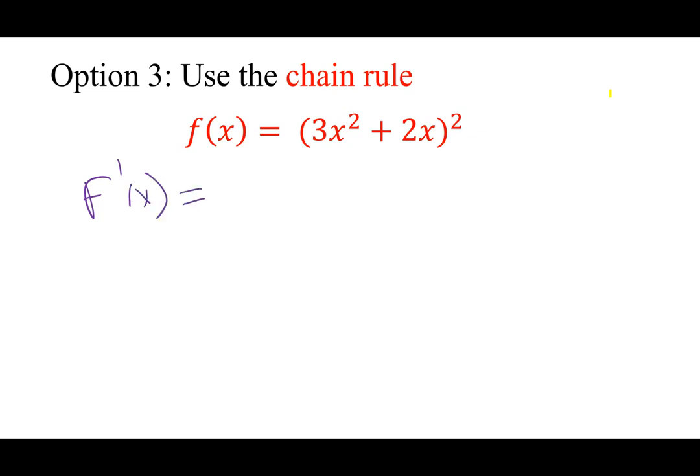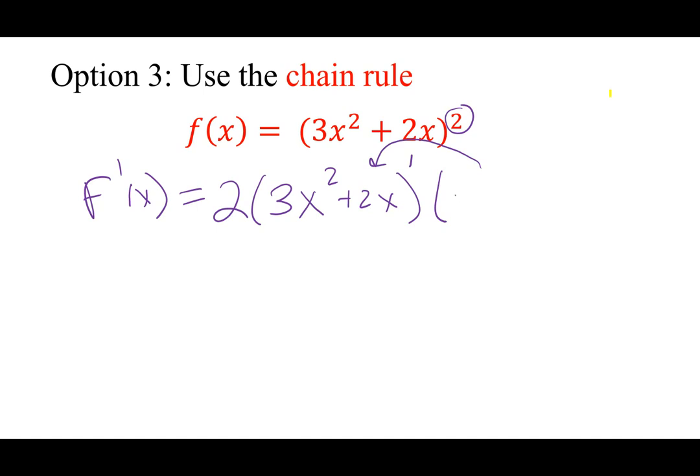In order to take the derivative using the chain rule, you're going to take whatever the exponent is and move it to the front, you're going to take the entire quantity, 3x squared plus 2x, and raise it to the one less power, which 1 less than 2 would be 1. Then you have to multiply by the derivative of the inside. So you now have to multiply by the derivative of 3x squared plus 2x.